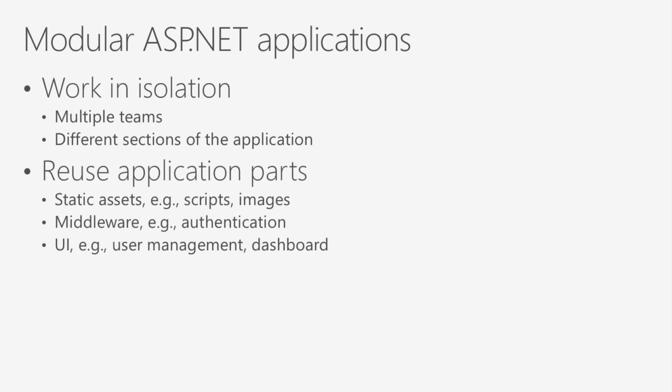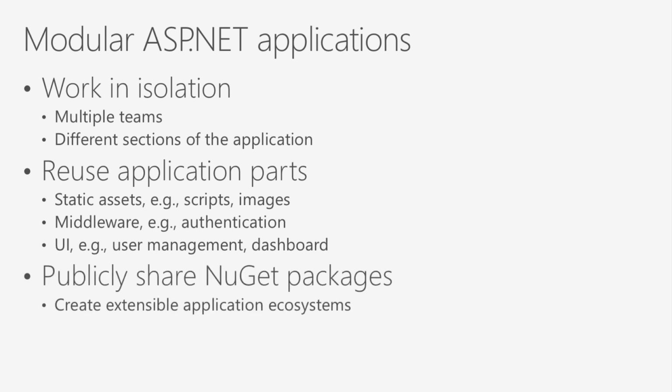For instance, let's say these modules contain static assets like scripts, images, or middleware like authentication, and UI like user management or dashboard UI. These pieces of your application, you want to reuse across applications. You will want modules.